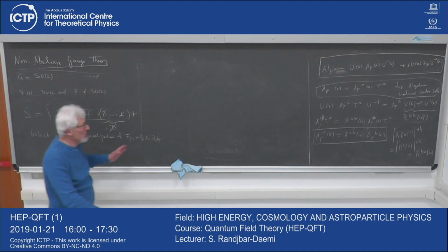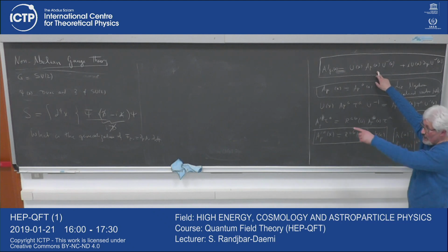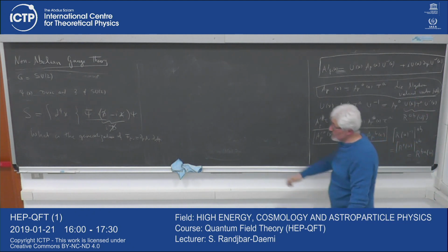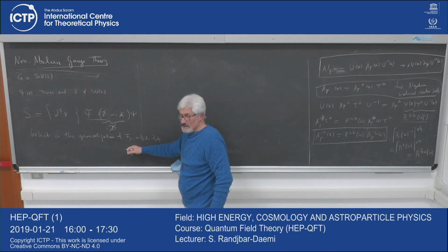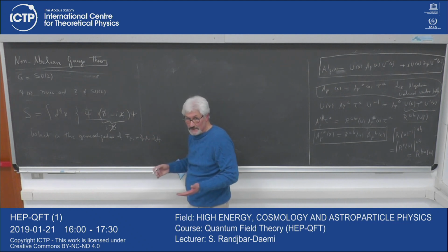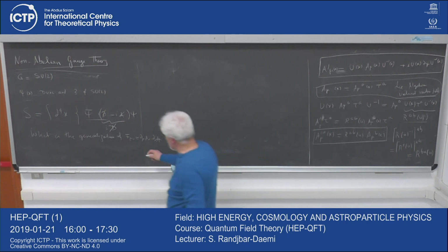Even by looking at it, you will see that it will not work, because if you make a transformation, or substitute for transformed A by this expression, that term will be very complicated. It will not have a nice transformation property at all. In the case of U1, that was invariant. We are not expecting it to be invariant, but we expect it, like in SU2, to transform in a nice way, that means covariantly. So that will not work, therefore we have to find out how we should generalize this.